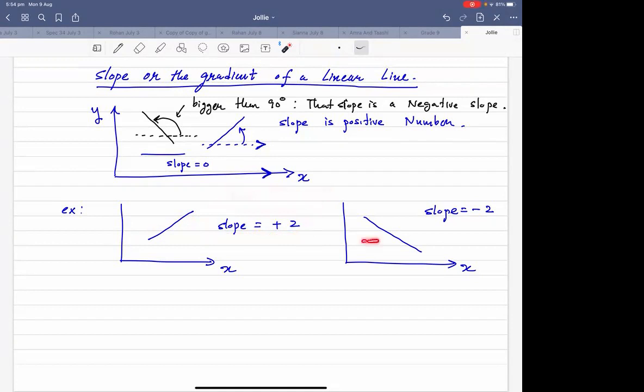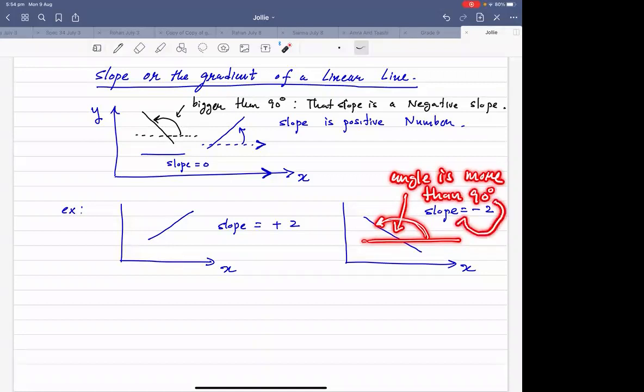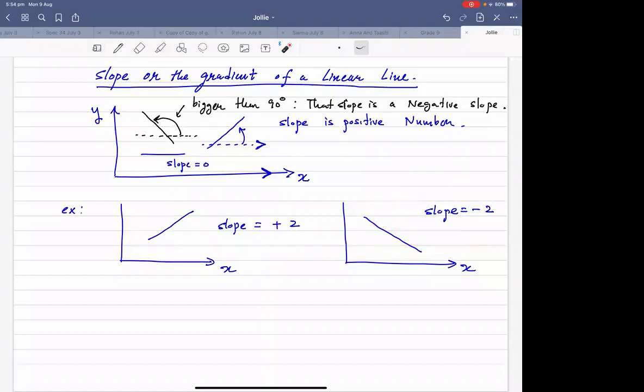Similarly, you will find the angle of this one, and this angle is more than 90 degrees. If the angle is more than 90 degrees, slope is a negative slope. So that would be a fundamental thing that we are going to have in this section.